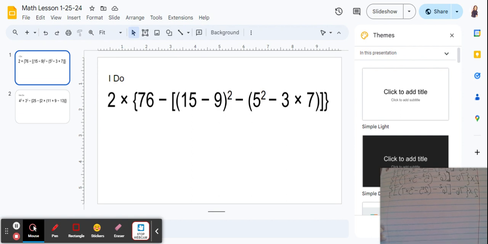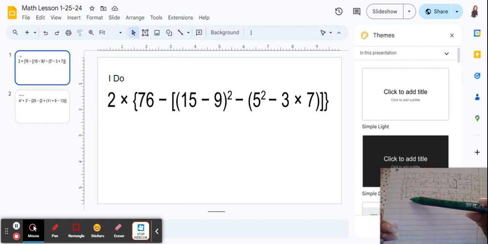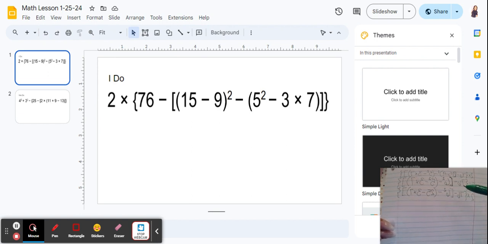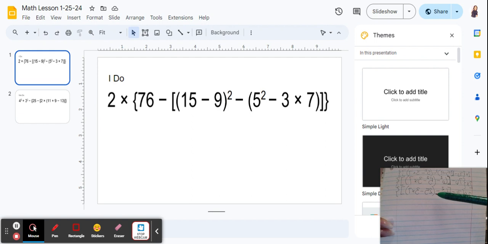So I just solved my exponent of 5 squared, and I got 25 because 5 times 5 is 25. Now I still have these problems in the parentheses, but GEMS tells me I need to do grouping symbols. Okay, I have parentheses. I already solved the exponent, but now I'm on to the multiplication and division step.